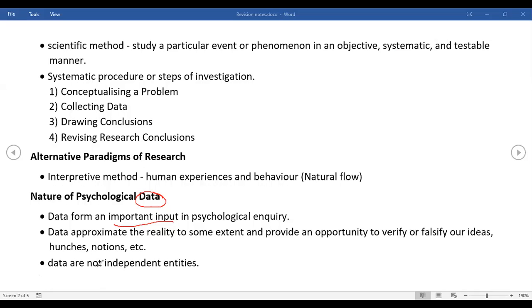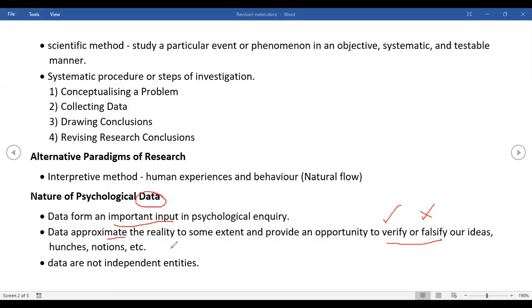Data approximate reality to some extent, like what is happening, it will give you the nearest representation. Our ideas are verified, either correct or wrong. It is decided by data.